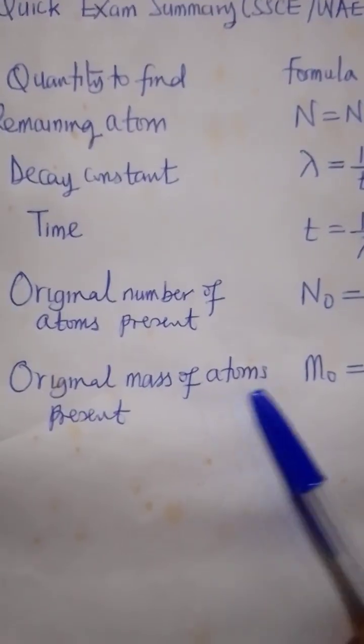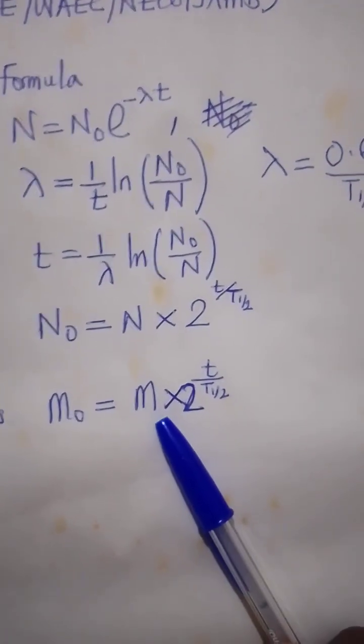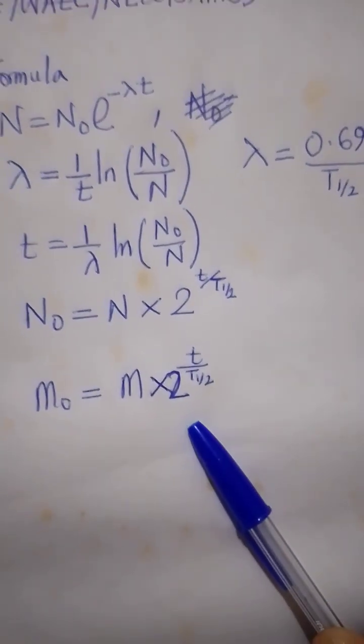Original mass of atoms present, M naught equal to M times 2 raised to power T over T half.